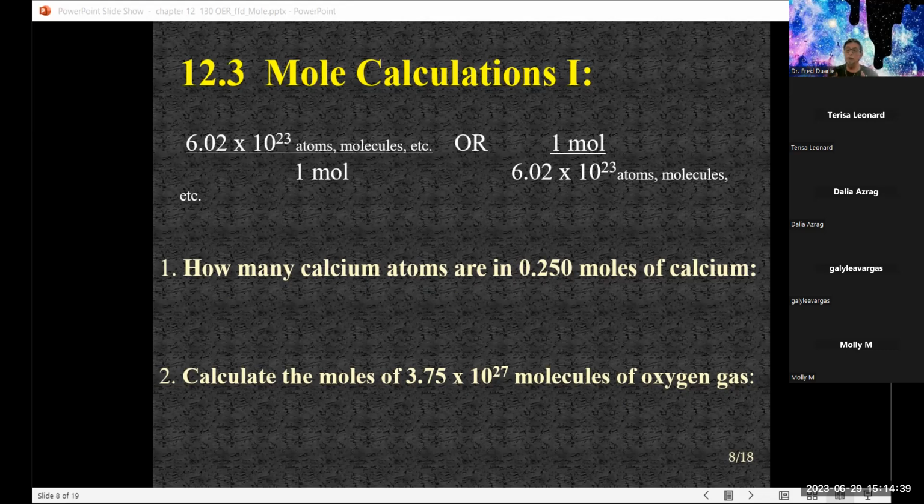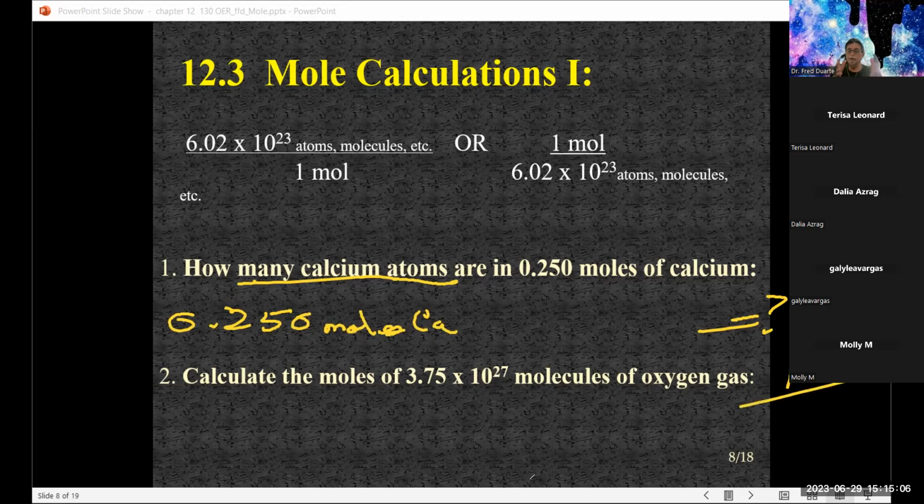We wrote down what we're given and what we're looking for. We are given 0.25 moles of calcium, and we want to know the number of calcium atoms. That's what we're looking for.